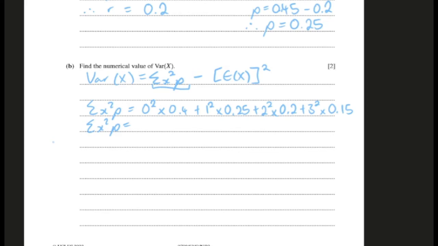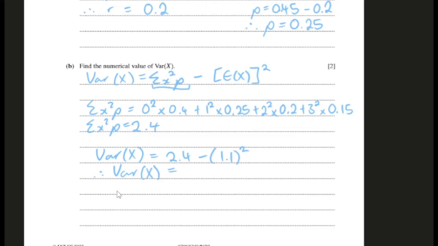Var of x is equal to 2.4 minus our expectation squared. Our expectation is 1.1 squared. Therefore, Var of x should be equal to 2.4 minus 1.1 squared, which is 1.19. And that's our final answer.